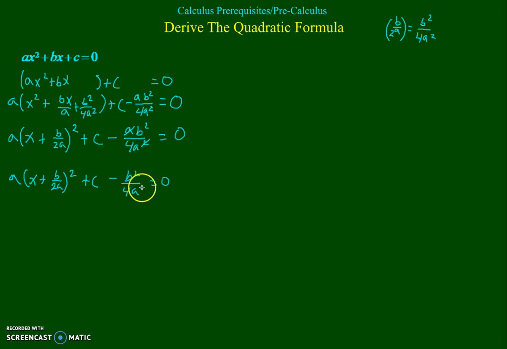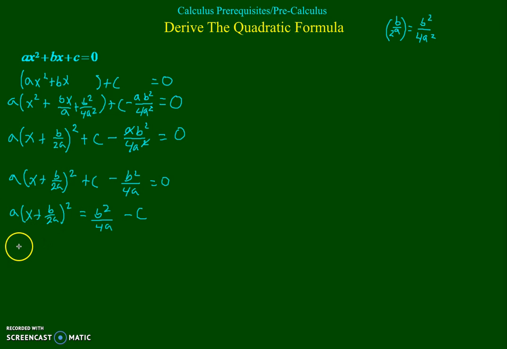Now I want to take these two terms and put them on the other side. So we have a times (x plus b over 2a) squared equals b squared over 4a minus c. Now we want to divide both sides by a. We're solving for x here, remember.